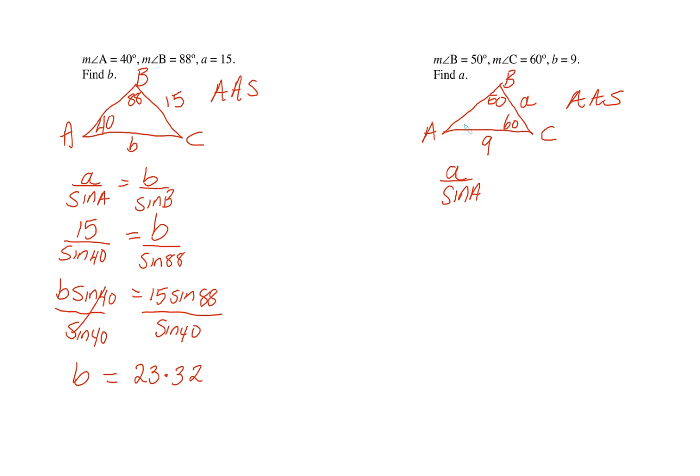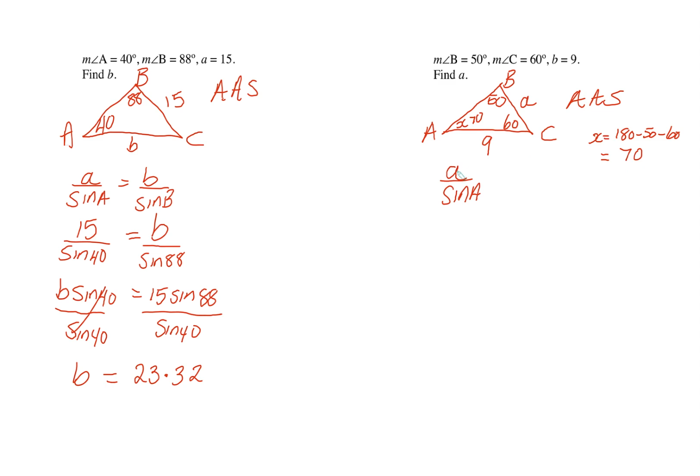I'm going to use the supplementary rule. Remember, when you add all the angles in a triangle, they sum to 180. If I'm missing this angle right here, let's call it x, x would equal 180 minus 50 minus 60, and that would give me a value of 70 degrees. Angle A is 70 degrees.